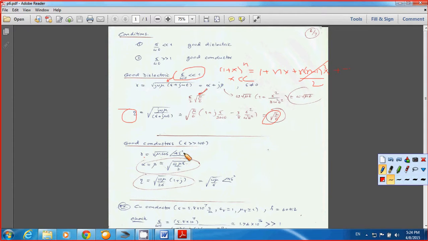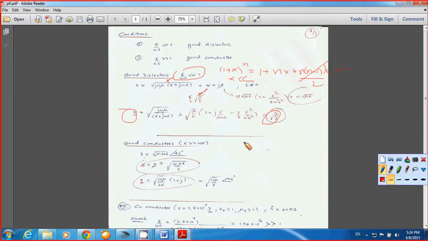When you have the phase angle of 45 degrees, that means you have the real part equal to the imaginary part. So that's why you have alpha equal to beta. So it's approximately square root of omega mu sigma over 2. Same thing as eta. It gives you the square root of omega mu over sigma, and the phase angle of 45 degrees.